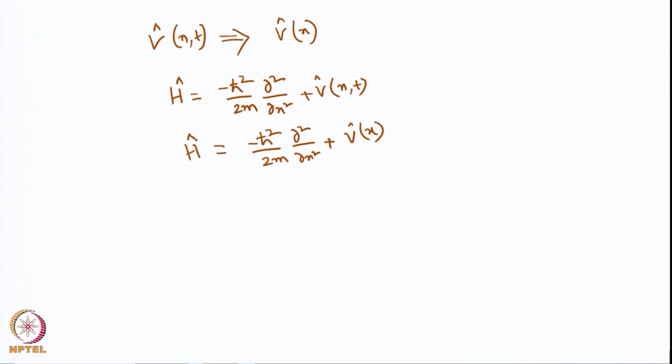You will see that the kinetic energy operator, which is nothing but minus h bar square by 2m d square by dx square, has no time dependence. Similarly, the potential energy also has no time dependence. Hence, the Hamiltonian becomes time independent.